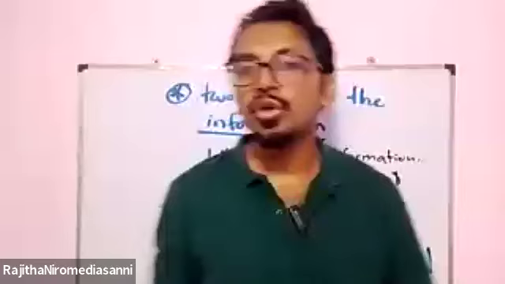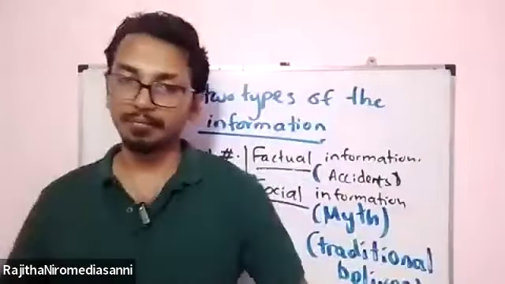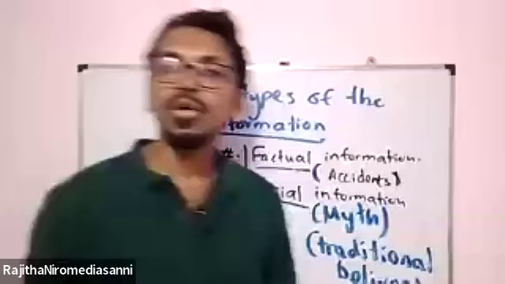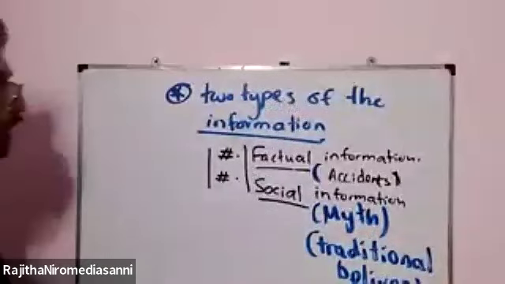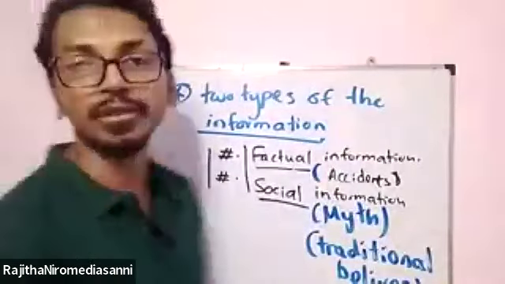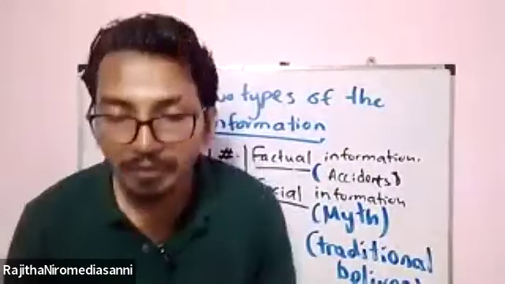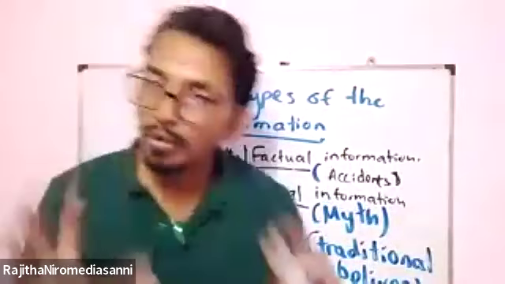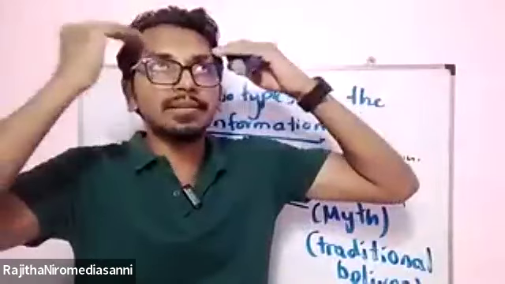Traditional beliefs or myths are there. These two are examples for social information. Please memorize these examples.